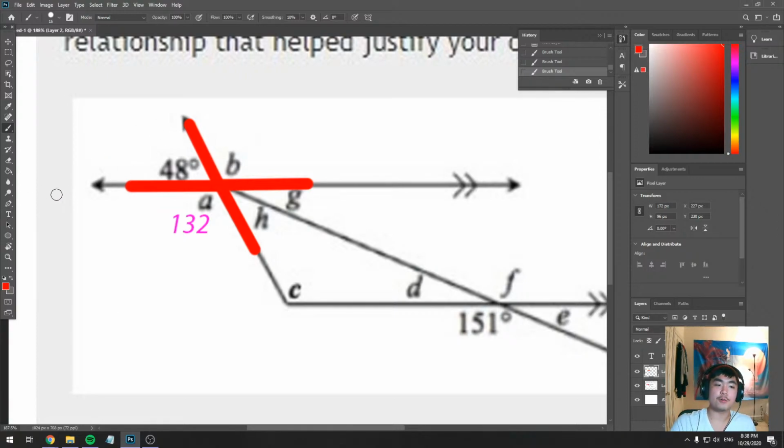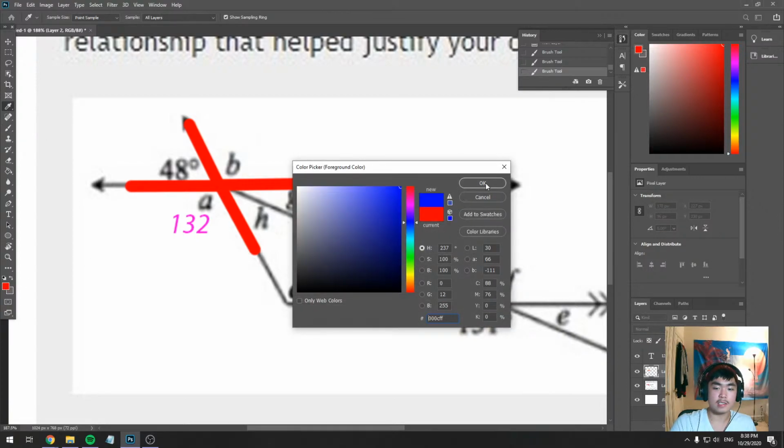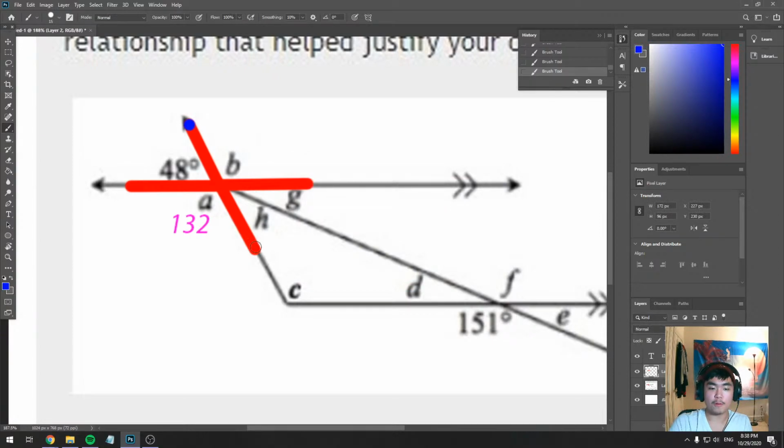Remember, opposite angles mean that the angles are between the same 2 lines. So for example, if I highlighted this in blue, this in red, right? Notice the 132, right? The A is between the red and blue. This is also between red and blue, right?